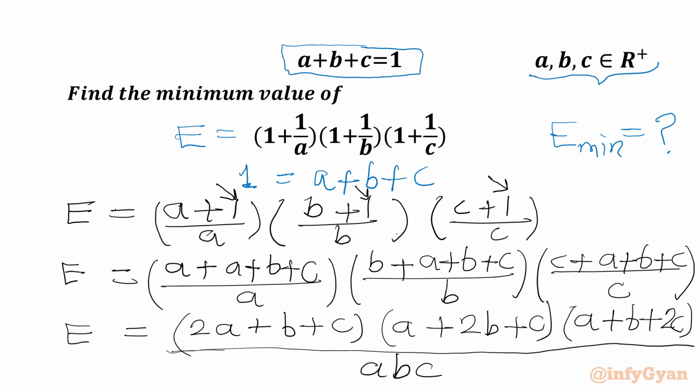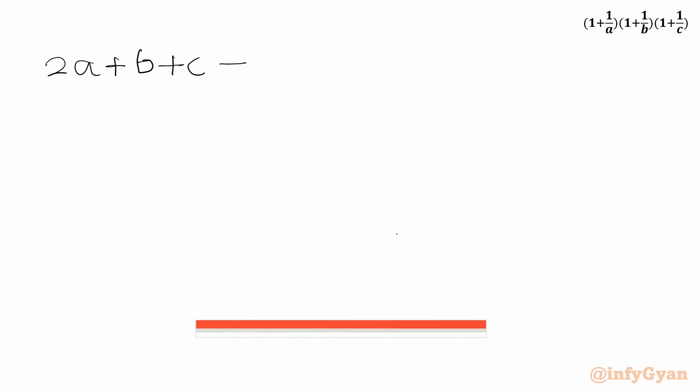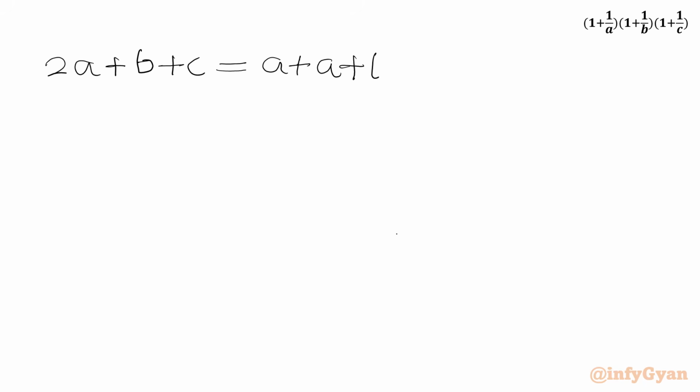Now we'll be using the AM greater than or equal to GM inequality. Let me write here 2A plus B plus C. This can be written as A plus A plus B plus C. So 4 positive real numbers are here.